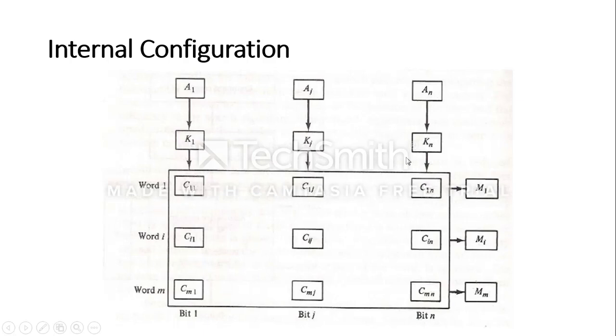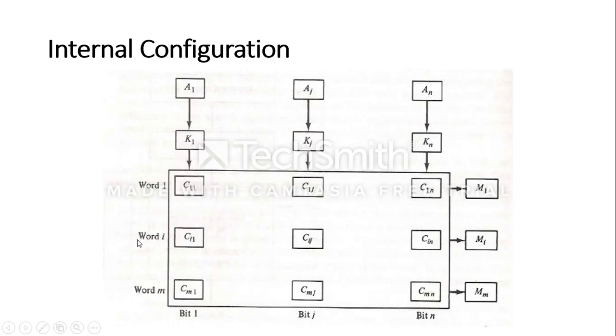If you consider the associative memory array and the individual memory cells available in that array, then for word 1 we have a total of n bits, because we have assumed that each word is of size n bits. So this is the first cell for word 1, C11, C12, C13, C1j is some intermediate cell up to C1n. The first subscript specifies that these are the cells for word 1, and the second subscript specifies the bit number.